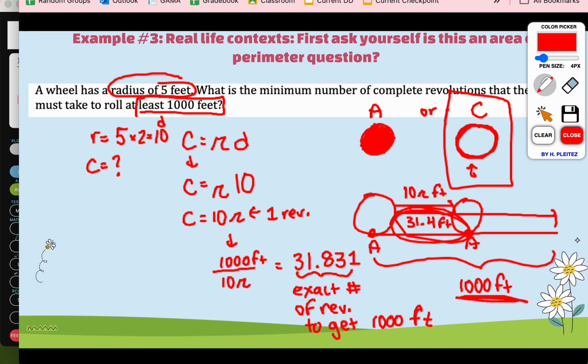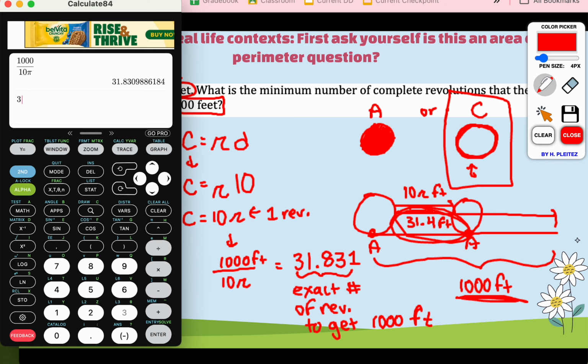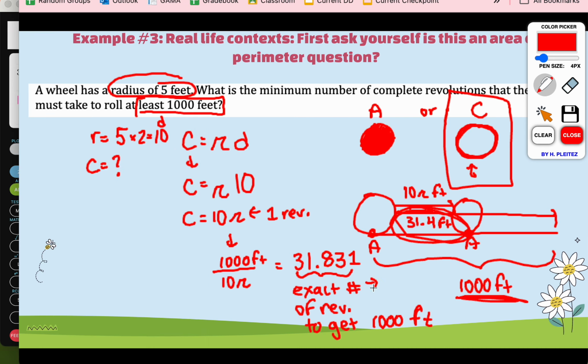That's not how things work with real-life context. So you have to round that number up. Because if you only did 31 revolutions and you multiply that by your circumference, that would only give you 973 feet. So you have to round this number up. So your answer is going to be 32 revolutions. You want to make sure you are going that full 1,000 feet.